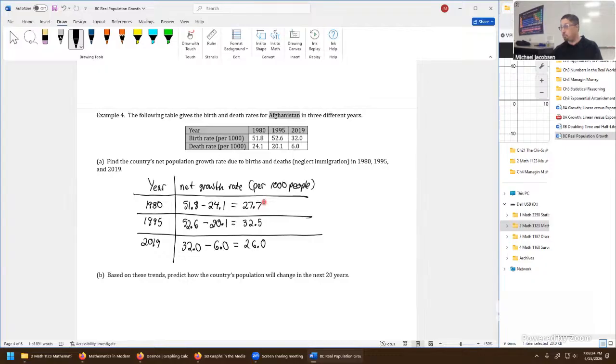It starts off at 27.7, seems to peak in 1995, and then it's stabilizing closer to the 1980 value, just slightly lower. So we're wondering, is it going to plateau at around 25%, 26%? Is it going to continue to decrease? That's what we're going to do in the next problem, make a prediction based off the limited amount of information we have on this 3-year set trend.